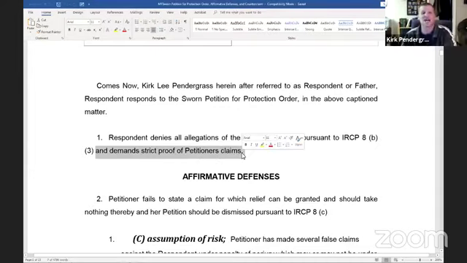Now, I could change that to demands and requires strict proof of evidence or strict compliance of the rules of evidence. But this also is sufficient. I'm demanding the petitioner to prove her claims and supply sufficient evidence.